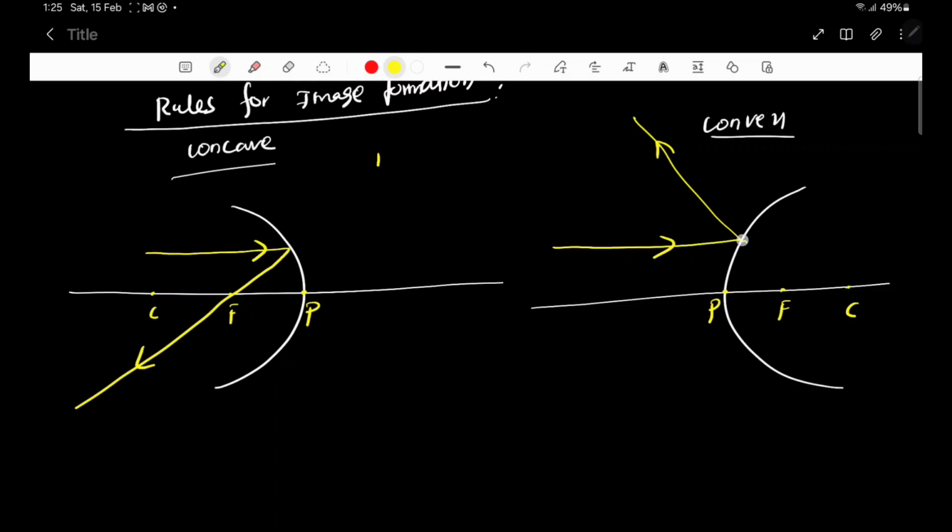If you imaginarily extend this line backward, it seems to be coming from the focal point. It's rule 1 for concave mirror as well as for convex mirror.